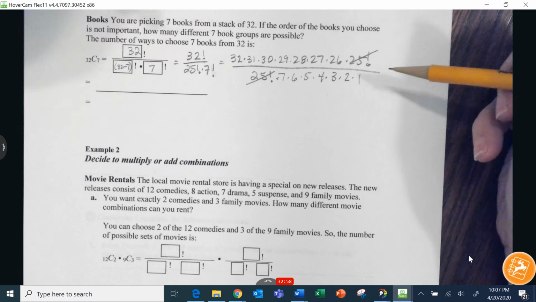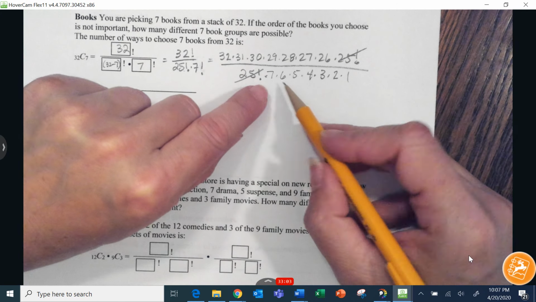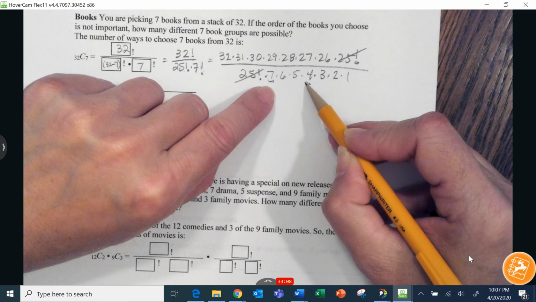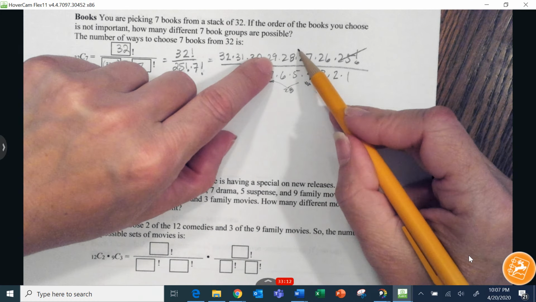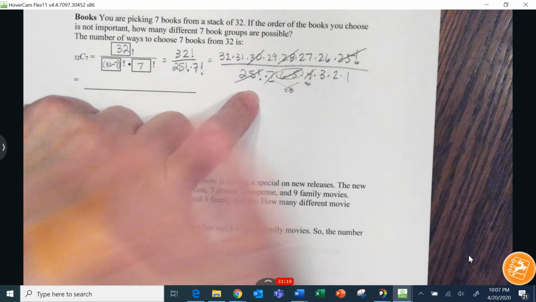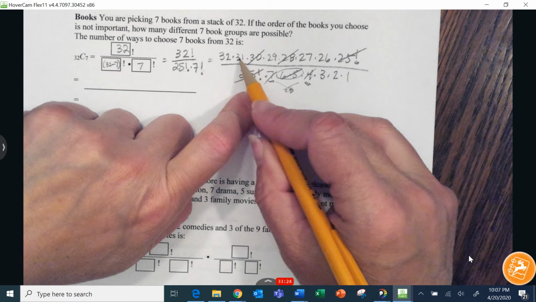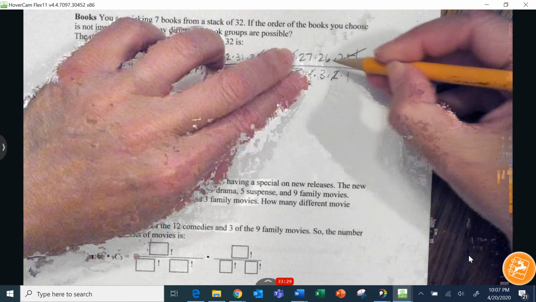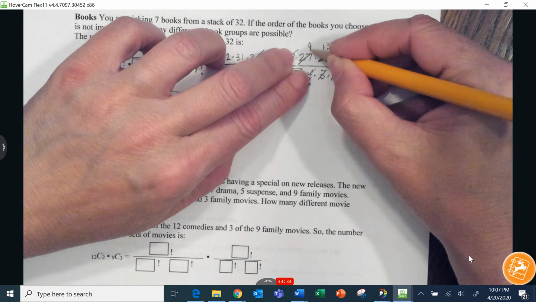Now before I just type all this in my calculator, I like to see if there's anything else that I could cancel out. For example, if I multiplied 7 times 4, that's 28. So I could cancel out the 28 with the 7 and the 4. If I multiplied 6 and 5, that's 30, so that cancels with the 30. 3 times 2 is 6, and none of these are divisible by 6, but maybe I'll just look right here, and 2 divides out of 26, left with 13, and 3 divides out of 27, left with 9.